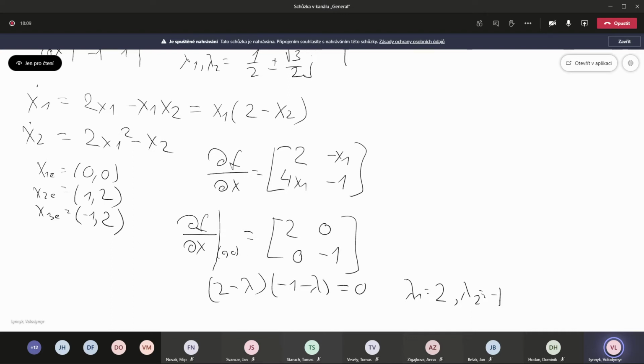This equilibrium point is unstable. It's a saddle point.